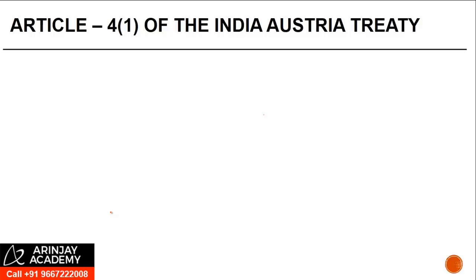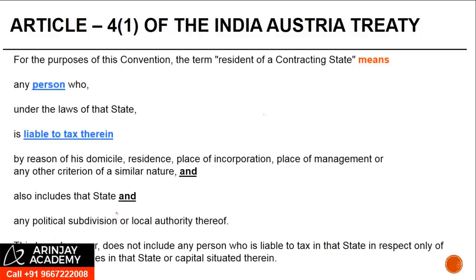Let us now look at one of the sample articles, Article 4.1 of the India-Austria Treaty. Like I told you earlier, Article 4.1 typically defines the meaning of resident. For the purposes of this convention, the term "a resident of a contracting state" means.